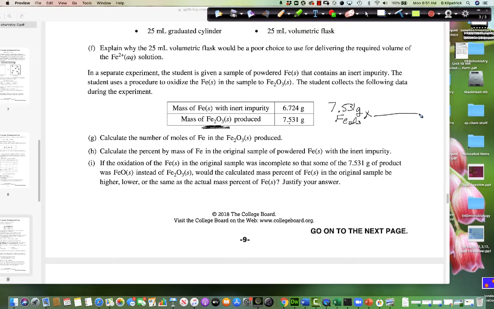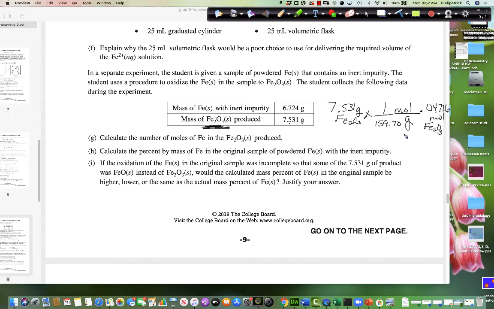Okay, so 1 mole is equal to 159.7. So that gives me my moles of the iron oxide. Remember, this is for the iron oxide.